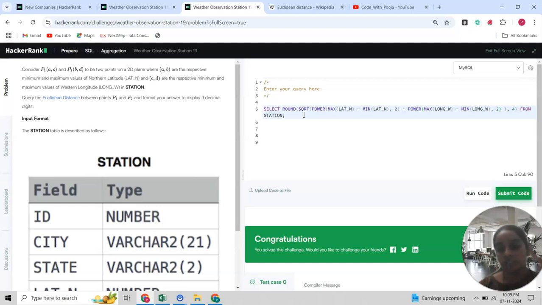And now the 3 checkpoints for SQL. First, check the spellings, because a single missing letter causes an error. Second, always try to figure out which function is used and what will be the order of the functions. Third, always try to mark which bracket is closing and which bracket is opening.